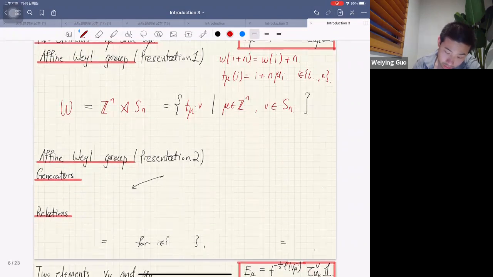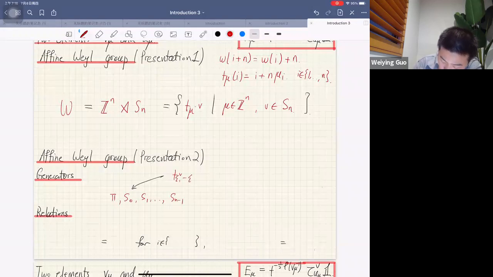And the second presentation, which is also quite interesting, is with generators and relations. It can be generated by s0, pi, s1 to s_{n-1}, where s0 is defined to be epsilon_1 check minus epsilon_n check.